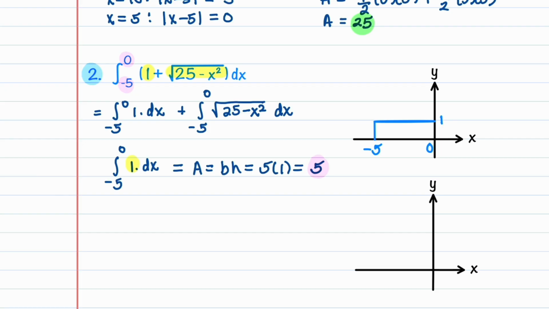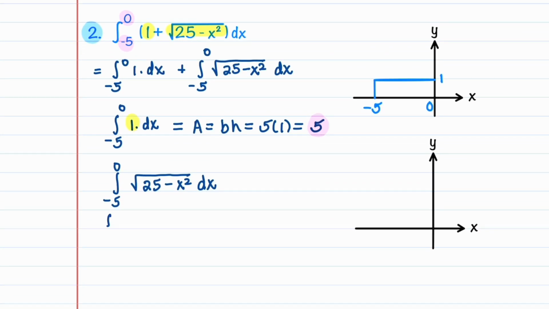Let's now look at our second integral. This one is definitely harder. We have the square root of 25 minus x squared dx. Our f of x is the square root of 25 minus x squared. And I think this is easier if we think about this as y.